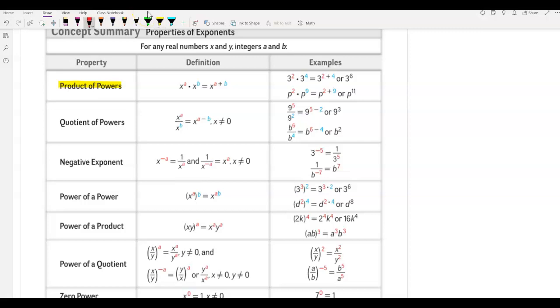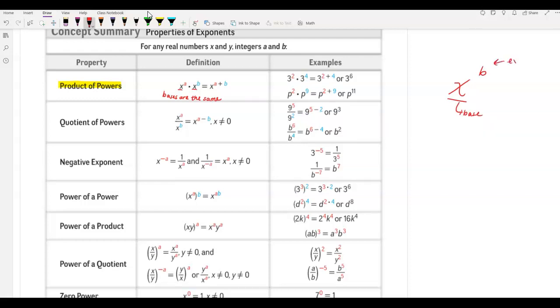This only occurs when we have the same base. So bases are the same. And if you need a quick reminder, this is called a base.